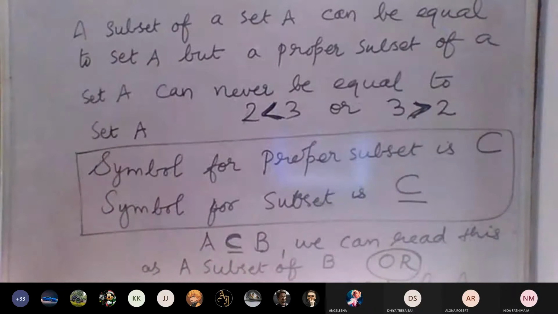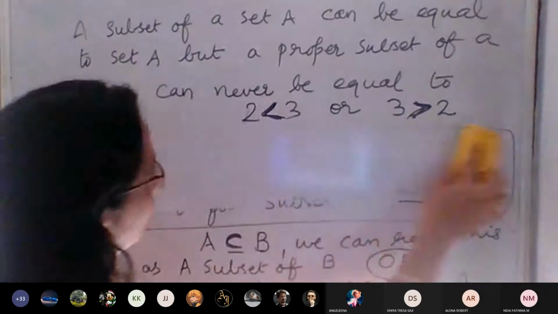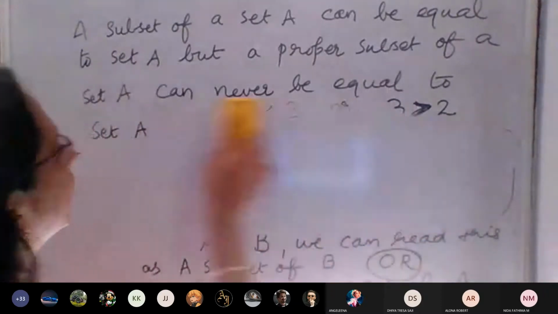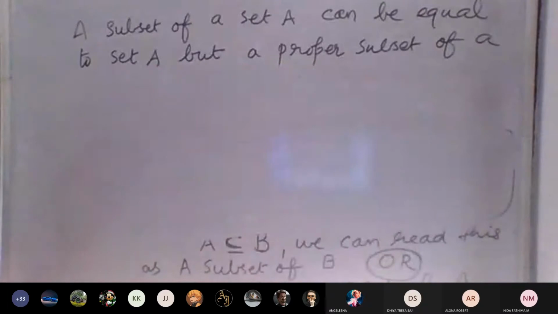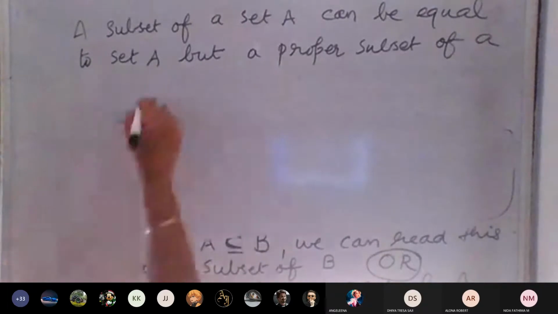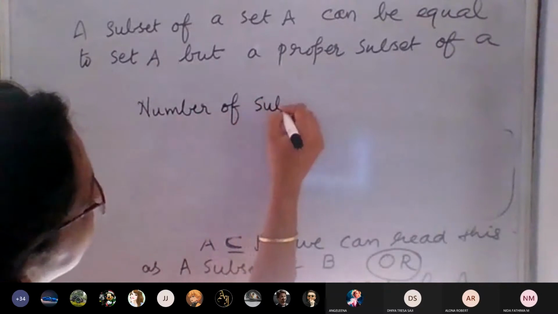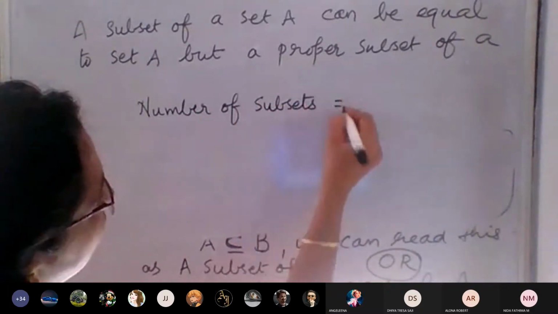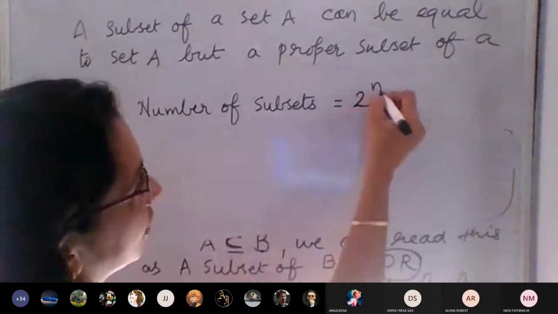One more thing. Already we wrote number of subsets. Once again you write, to find the number of subsets. Formula: 2 raised to n.